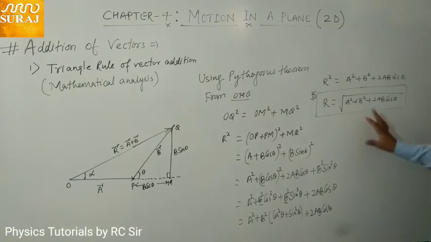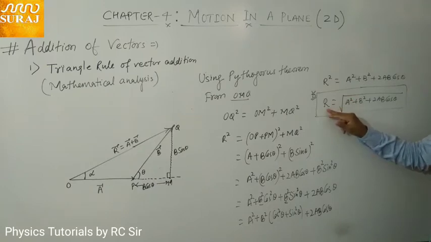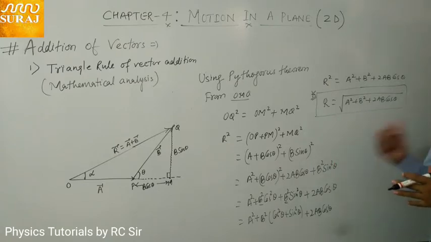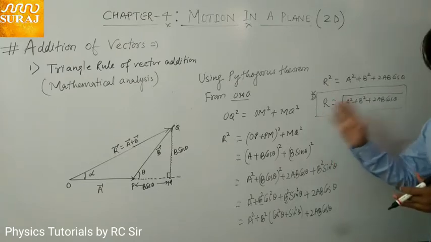So you can note down this derivation, and you must keep in mind this formula of resultant vector, which you will use in 11th class throughout, as well as in 12th class and in your higher classes also.